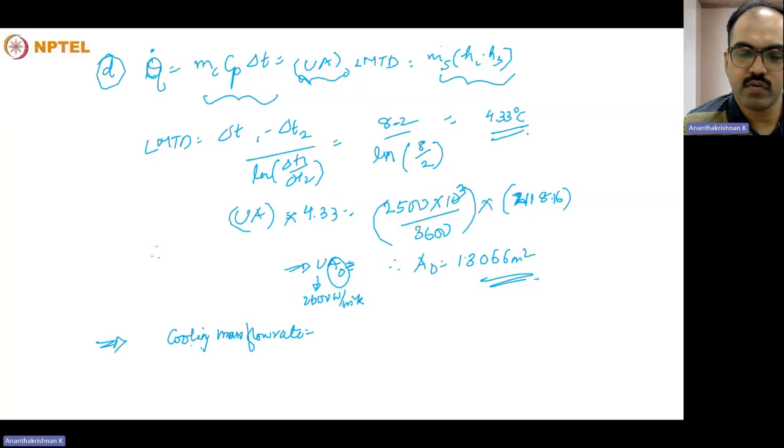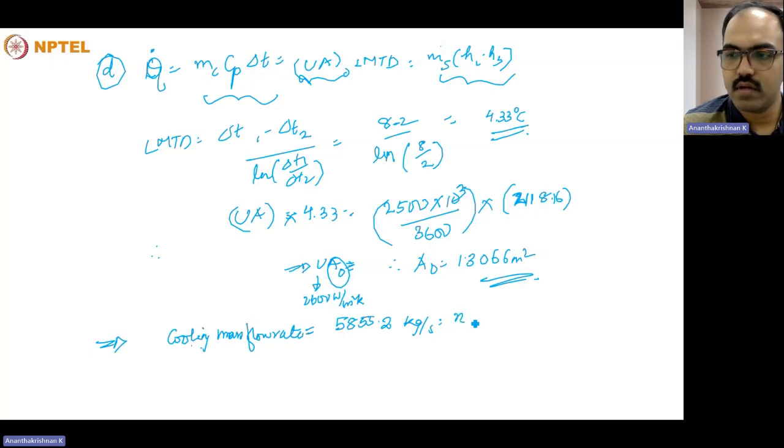But this takes into account the flow rate in all the tubes. As we have seen, the flow of the cooling water occurs through the tube side. The shell side is where the steam condenses. That will be 5855.2 kilogram per second.